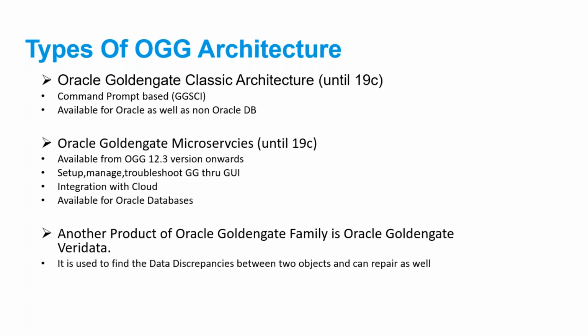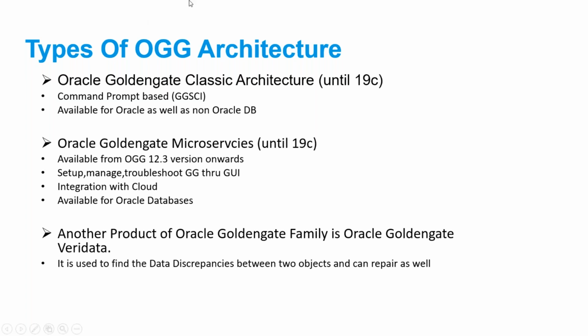Until 2017, there was only one way to configure Goldengate, and that was through the command prompt, GGSCI. Those of you who have worked on GGSCI will know. Until 2017, it was simply called Oracle Goldengate.